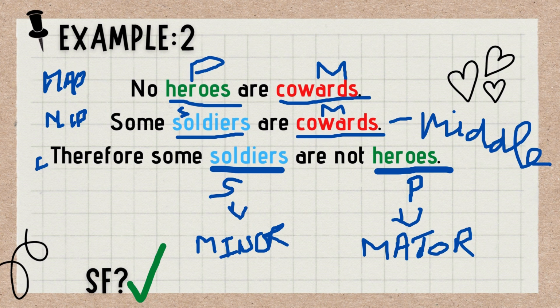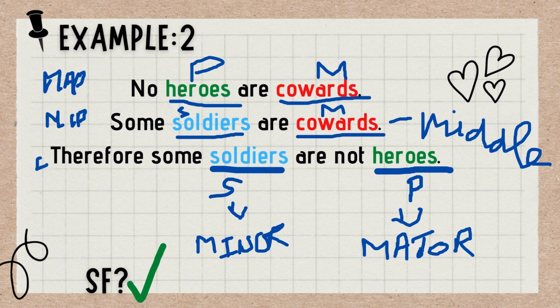In this conclusion, the subject is soldiers and the predicate is heroes. The subject is the minor term and the predicate is the major term. So we found the minor term as soldiers and the major term as heroes. The term which never appears in the conclusion but appears in the first two premises is the middle term. So cowards is the middle term.